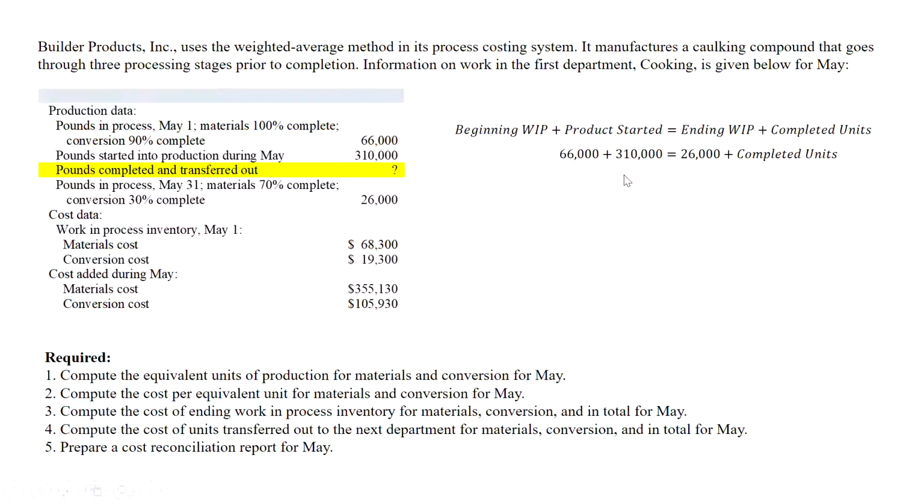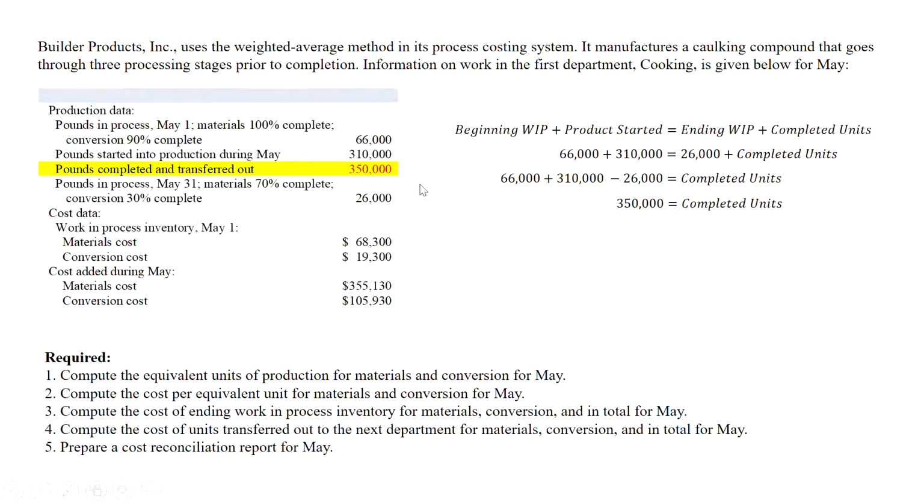So we can just start plugging in numbers. Beginning work in process inventory, 66,000 pounds. Product started, 310,000 pounds. Ending work in process inventory, 26,000 pounds. We don't know completed units. We just manipulate this with algebra and move it around, and we've got completed units are 350,000.